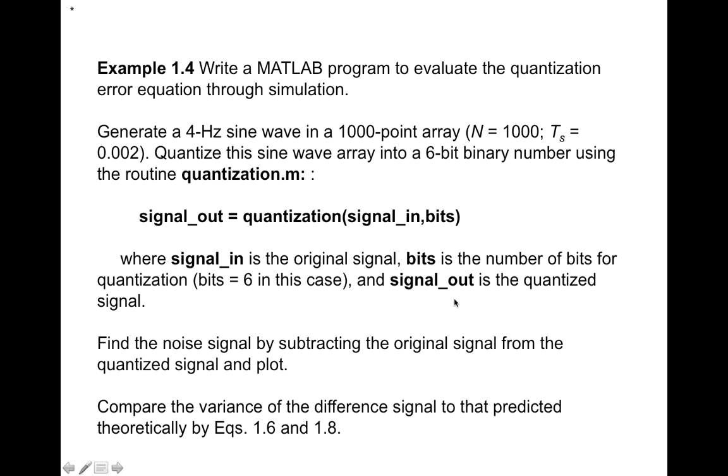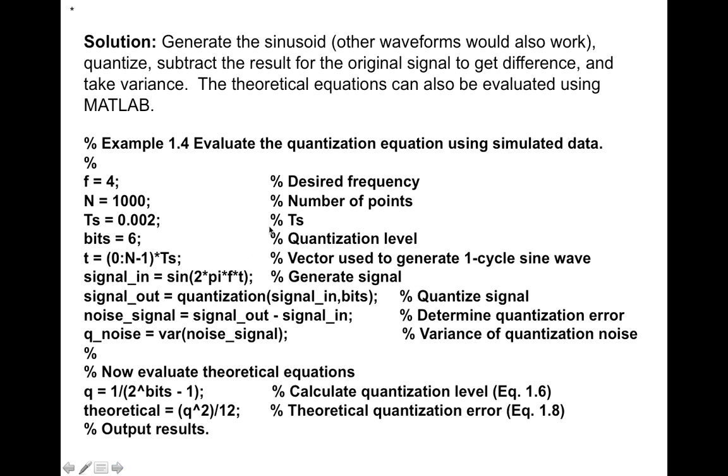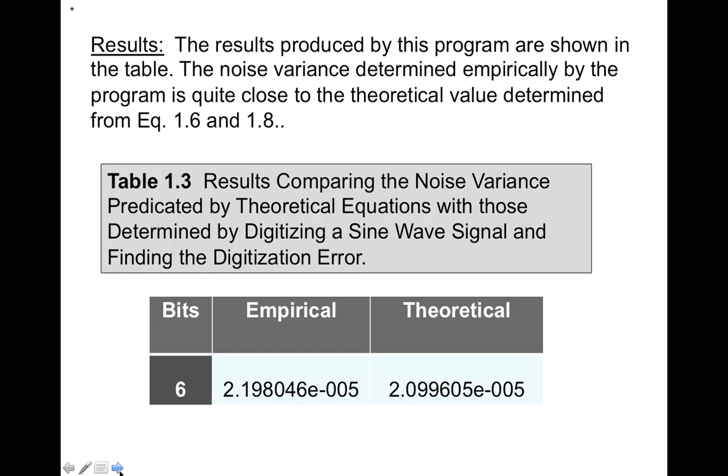Signal in is the original signal, signal out is the quantized number, and bits is the number of bits for quantization. We can have an original signal and a quantized signal, and we can find the noise by subtracting the original from the quantized. Here is the code that does that, and hopefully we're going to see some results.